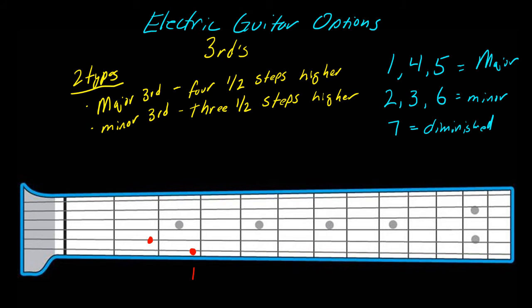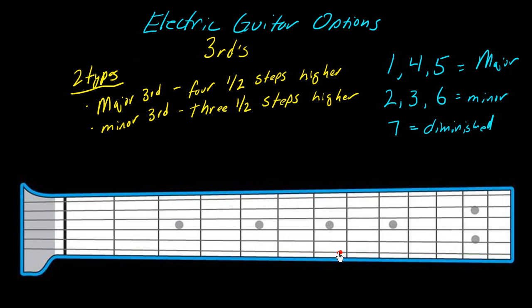Now, if you were building chords on the number 2, the root number 2 note is here. Number 2 is a minor chord, so you would use the minor third pattern. Remember, 2 frets apart. So that would be a 2 chord playing these thirds.